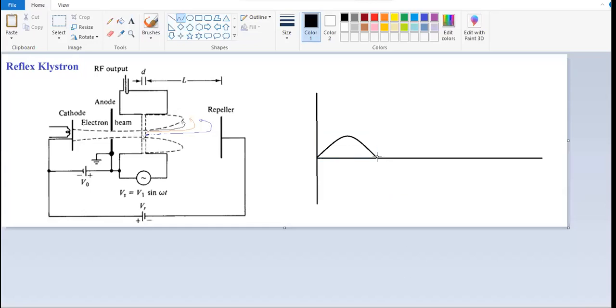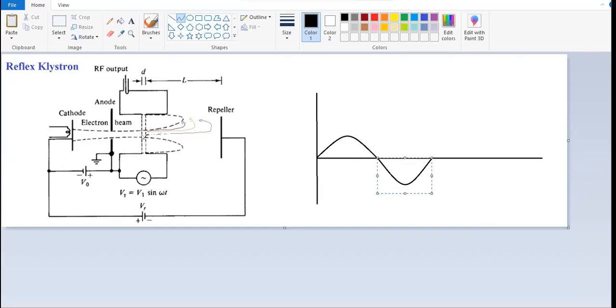So this is the waveform I'm drawing, to understand what is called the Applegate diagram.